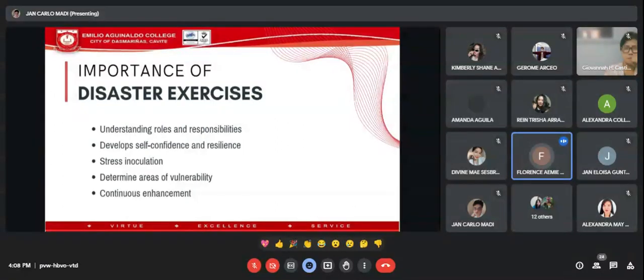So additionally, due to exposure sa mga stress and pressures during ng mga simulation, mas nakakatulong to para mag-build ng resilience.